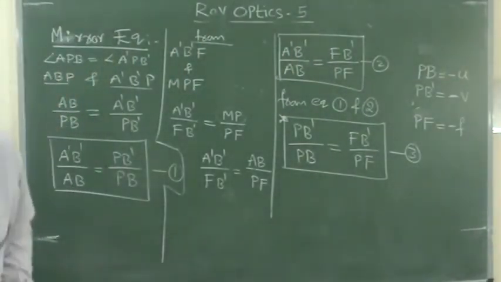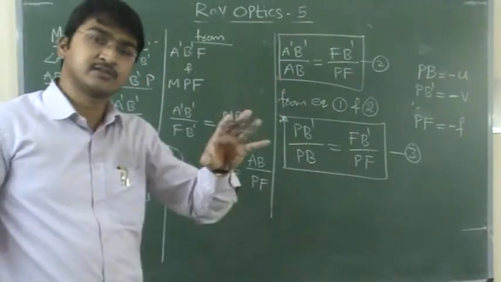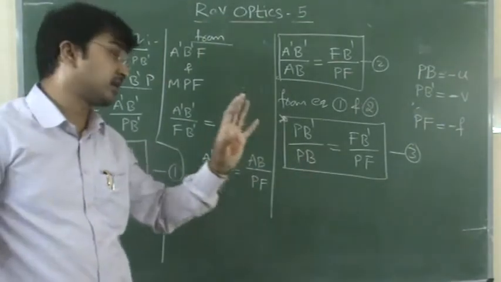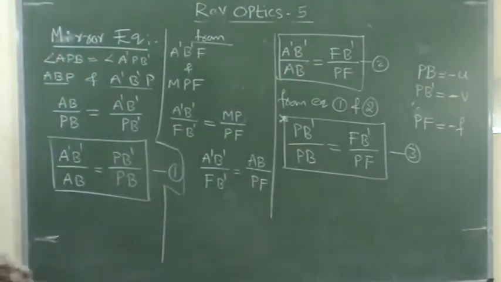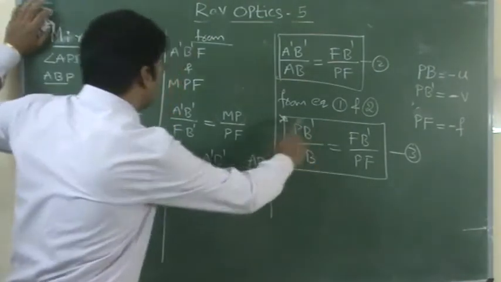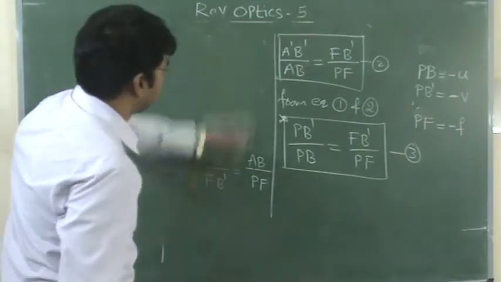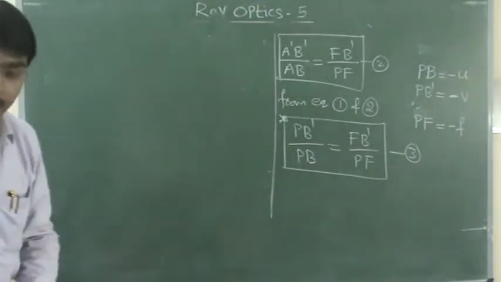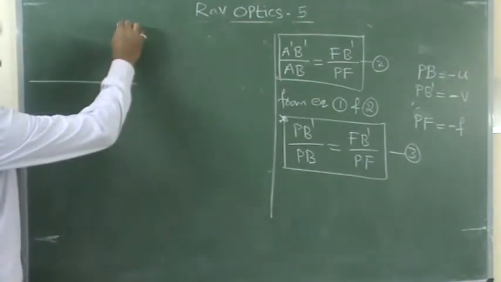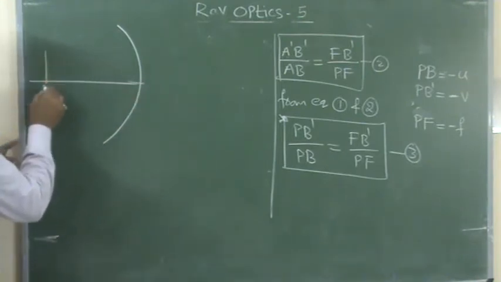Now substituting values here. I have already given this detail in the notes, and the same data I am mentioning here. You can refer to the notes if you do not understand. Just see it. Then I am drawing the diagram again to substitute these values. See here, once again I am drawing the diagram. What did we take? One principal axis, one mirror. This is a rough diagram.